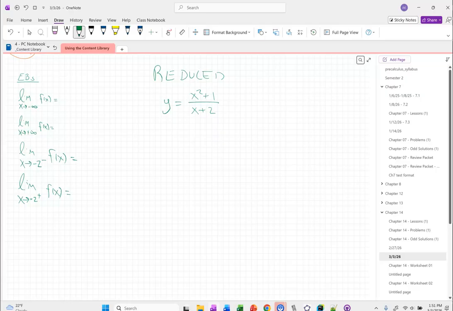Very small negative number, like negative 1,000 on bottom. If I add 2 to that, what kind of number do I have on bottom? Negative. So as this gets more negative, the y is going to get more negative, right? So going to negative infinity. Is everybody okay with that idea?